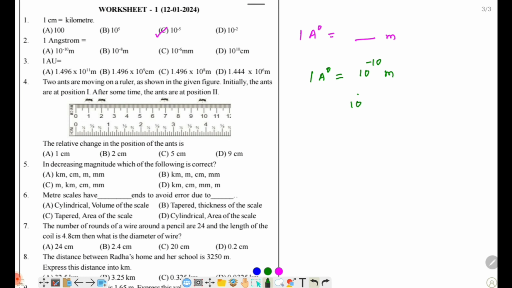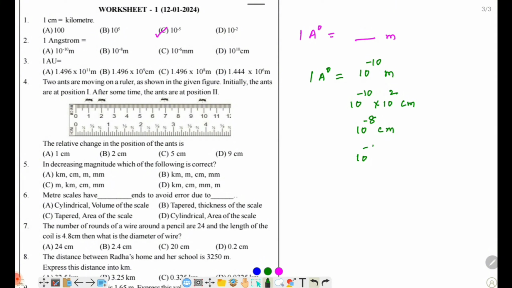So 10 to the power minus 10 times 1 meter is 100 centimeter. You can write as 10 power 2. So this value is 10 power minus 10 plus 2, which is minus 8 centimeter. This is in centimeter. And let's see in millimeter also.